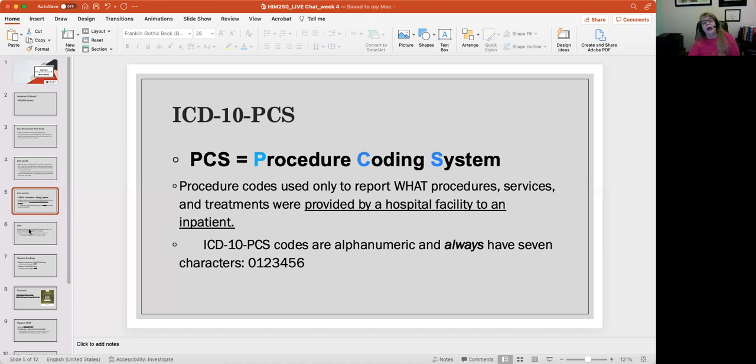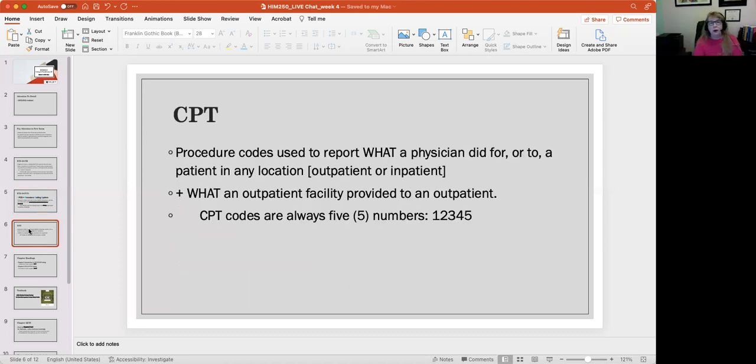Okay. And then just to throw this in, because why not, CPT. Now, CPT procedure codes are used under two circumstances. Number one, to report what a physician did for or to a patient in any location: outpatient, inpatient, in the back of a cab, on the side of the street, in a clinic, in an office, in a hospital.